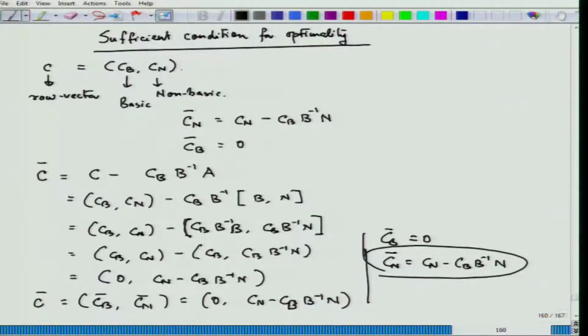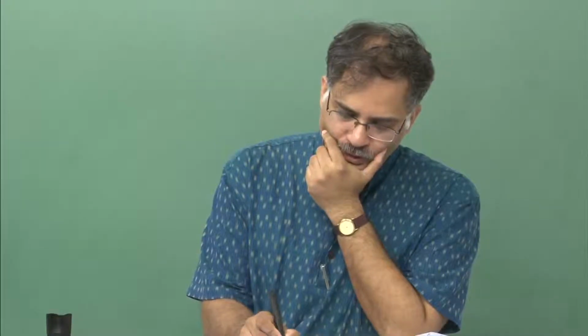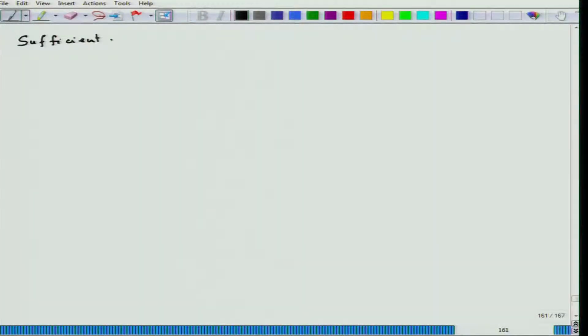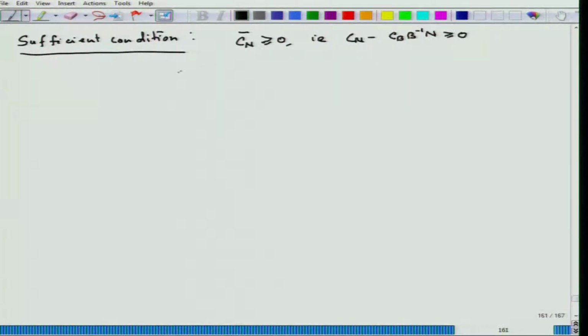So, let us see, what is that sufficient condition? The sufficient condition is Cn bar greater than or equal to 0, that is Cn minus Cb B inverse n is greater than or equal to 0.